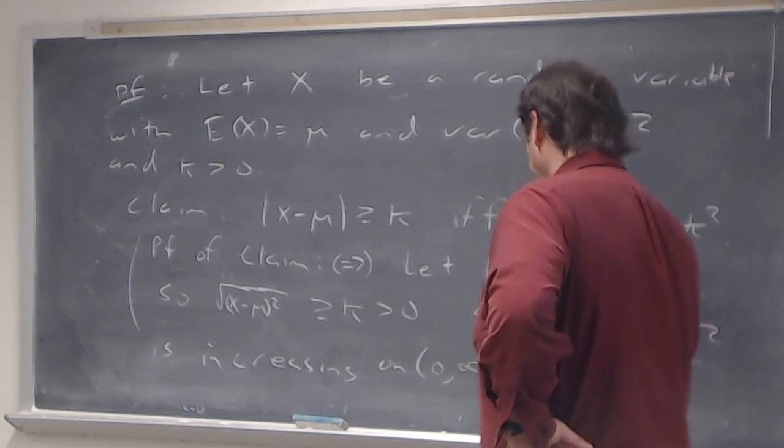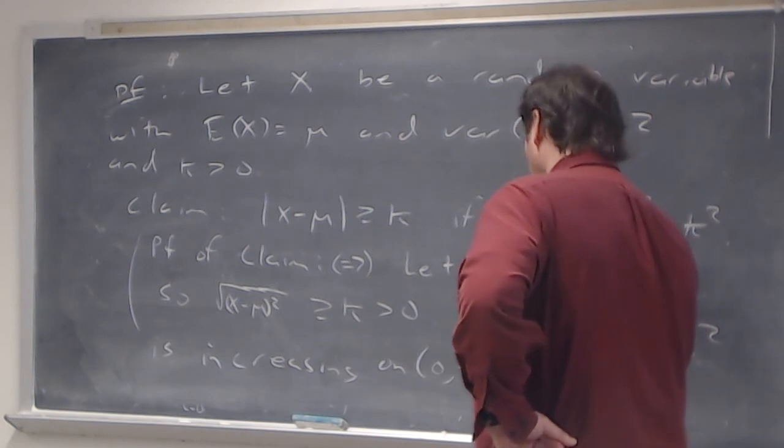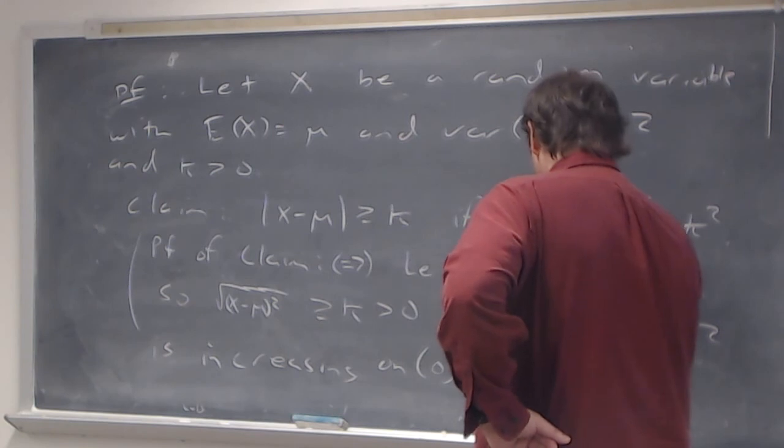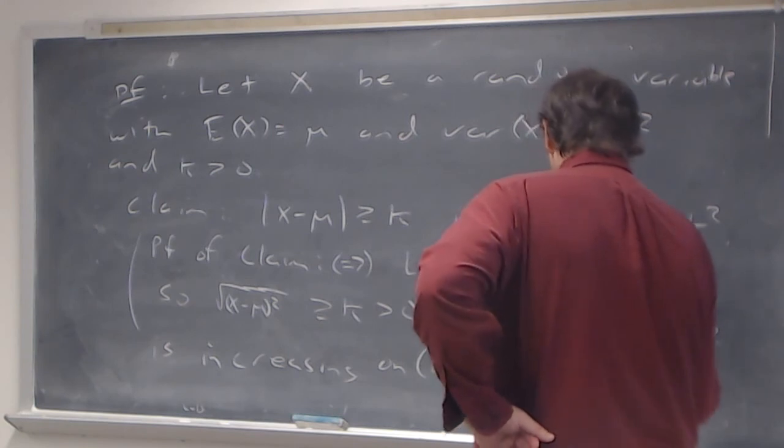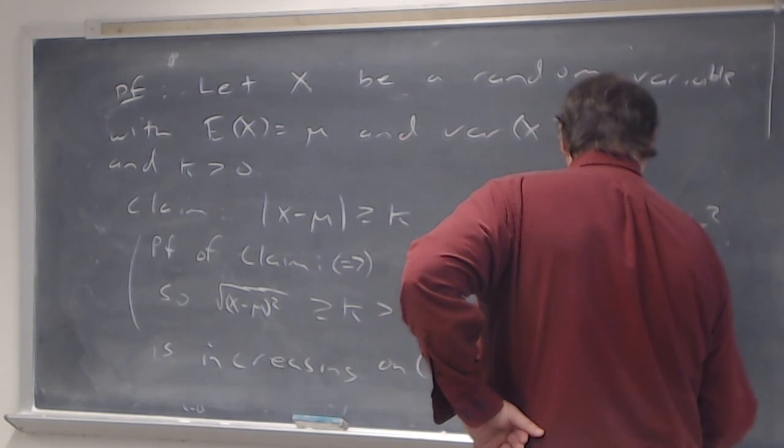So that means that the square root of (x minus mu) squared, squared, is greater than or equal to k squared.